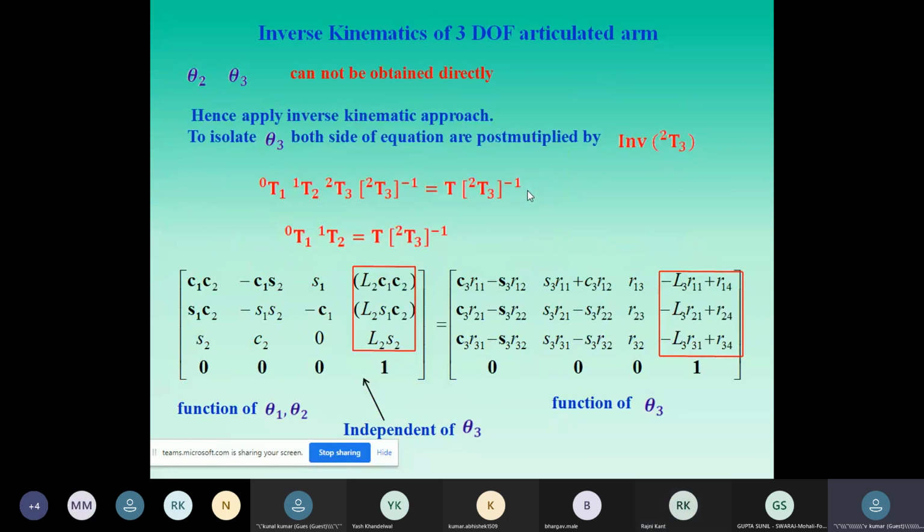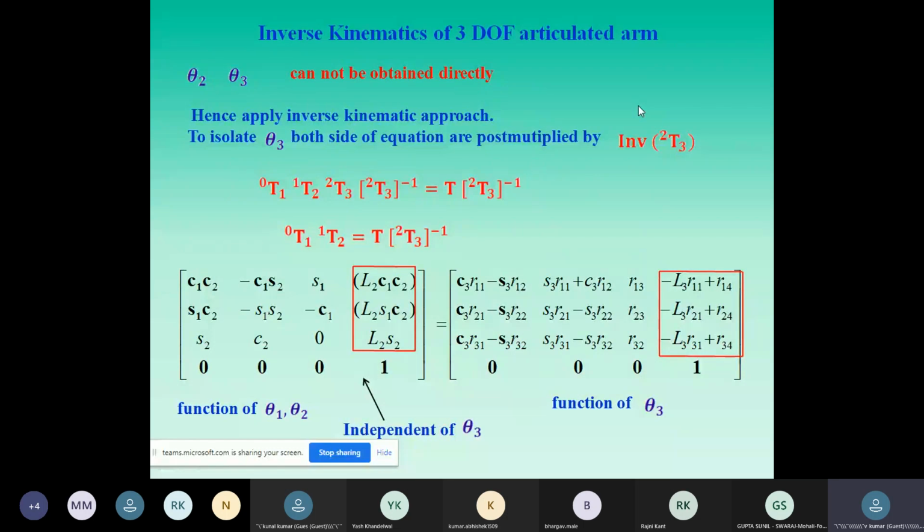Okay. We got theta 1. Now we have to calculate theta 2 and theta 3. Again, you apply an inverse kinematics approach, any geometry method.